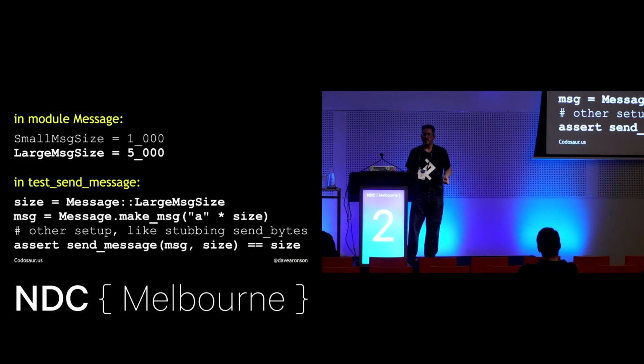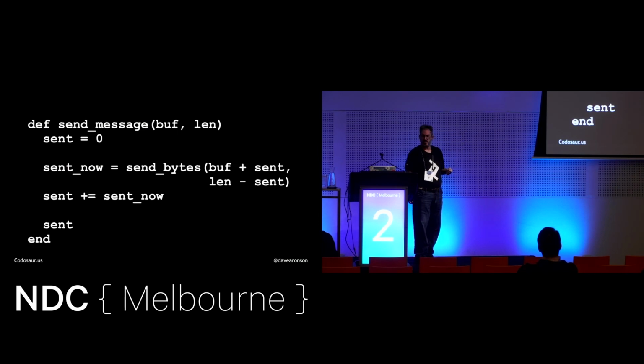In this scenario, it's trying to tell us that a version of send message with the looping removed will do the job just fine. If we remove the looping, we wind up with this code I showed you earlier. And if we run our mutation testing tool on that, then it'll show a lot of other stuff as being now redundant because it was only there to support the looping.